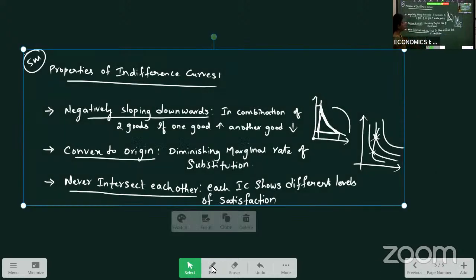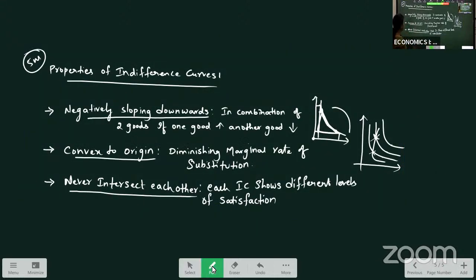Right. So here we have got this one, negatively sloping downwards, convex to the origin, never intersect each other. And the last property is higher curve shows higher satisfaction.